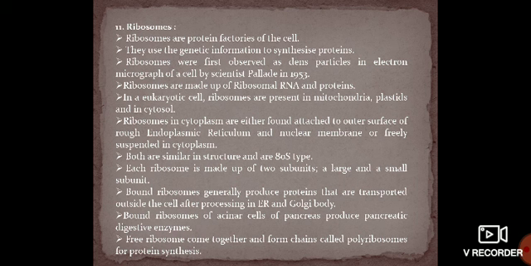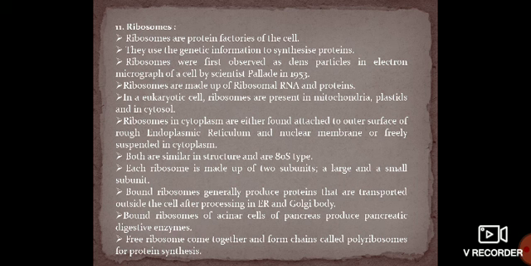Each ribosome is made up of two subunits, the larger one and the smaller one. Bound ribosomes generally produce proteins which are transported outside the cell after processing in the ER and sent to the Golgi bodies. And from the Golgi bodies, those proteins can be sent to the targeted organelle.